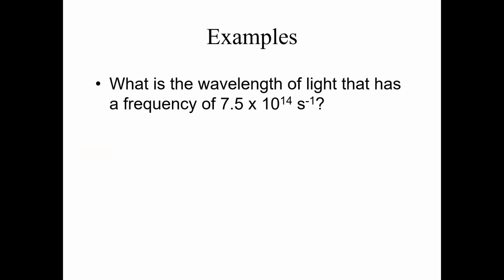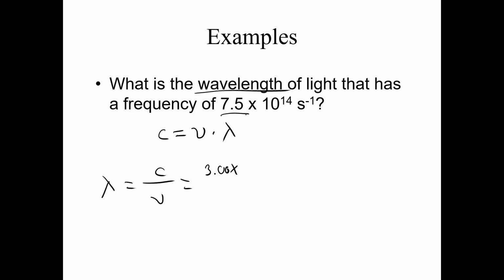So for example, what is the wavelength of light that has a frequency of 7.5 times 10 to the 14 per second, right? Okay, that's easy. So we just use c equals nu times lambda. And so I solve for, I want to know wavelength, so I need lambda equals c over nu, right? So c was 3.000 if you wish. It's a constant, so we don't worry about significant figures.